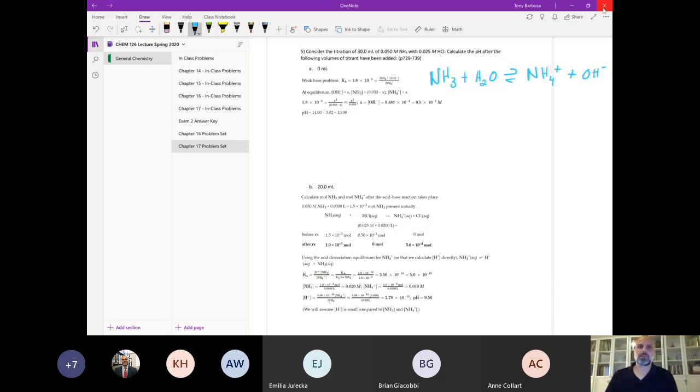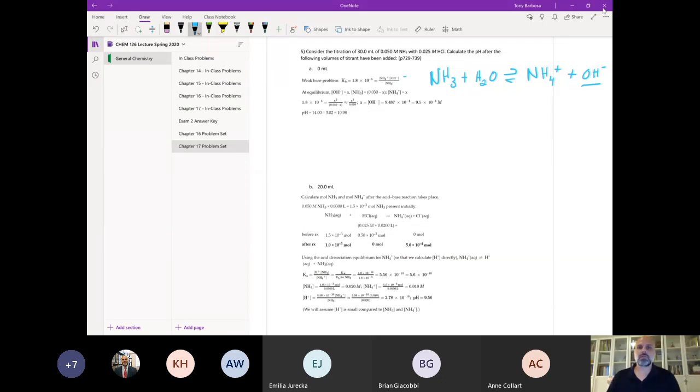When you're looking at this, this is a Kb equation, right? Because we're producing base. So you end up with your products, the ammonium ion and hydroxide, over your ammonia. Because there are 0 milliliters of HCl added, this is just a pure Kb equation where we set up the ice table.